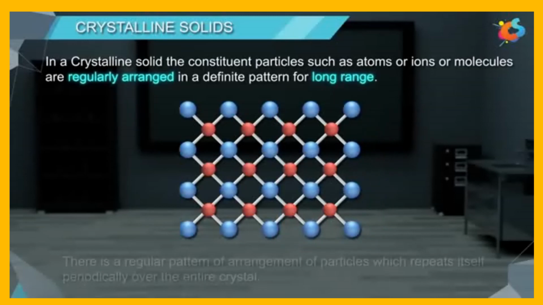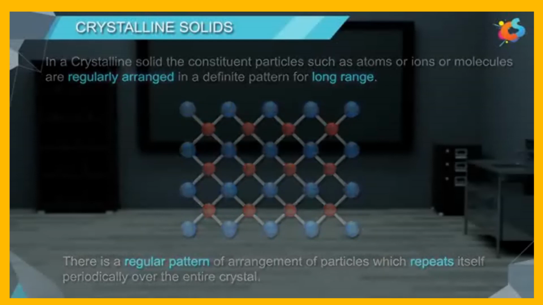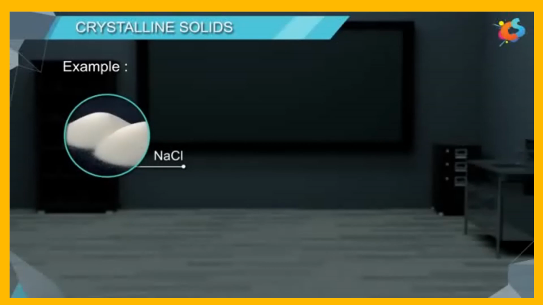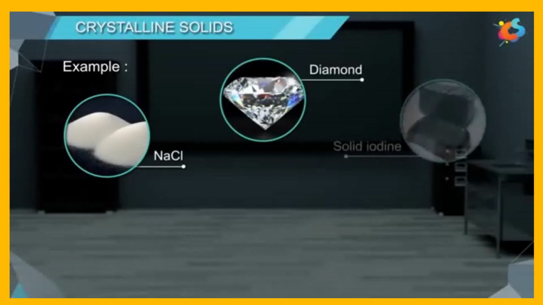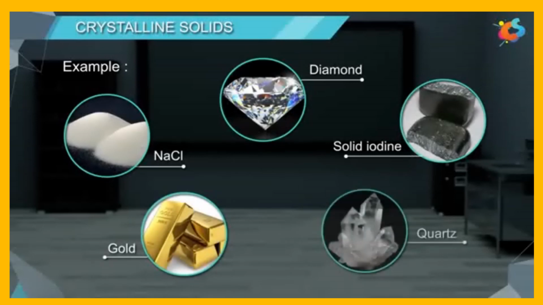In other words, there is a regular pattern of arrangement of particles which repeats itself periodically over the entire crystal. Examples of crystalline solids are sodium chloride, diamond, solid iodine, gold, quartz, etc.